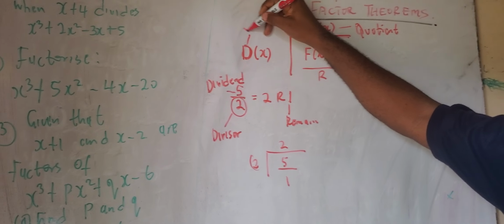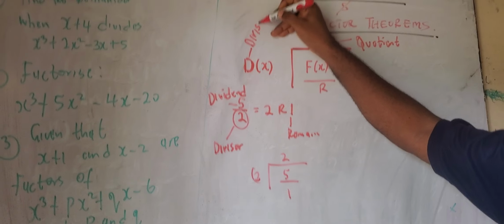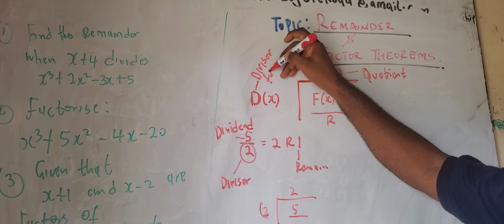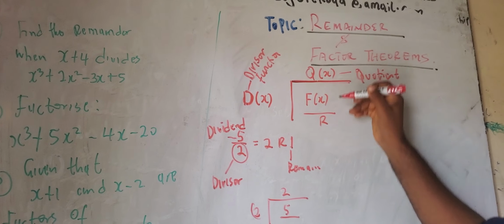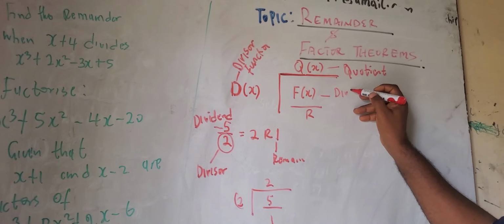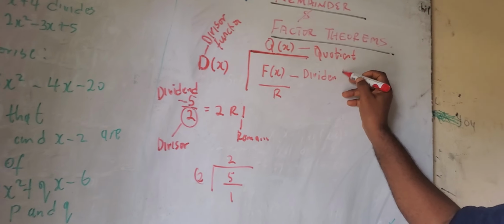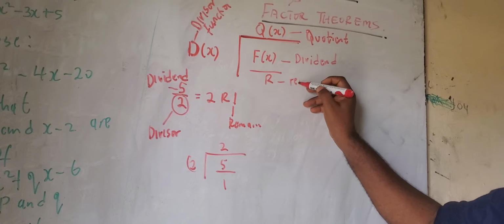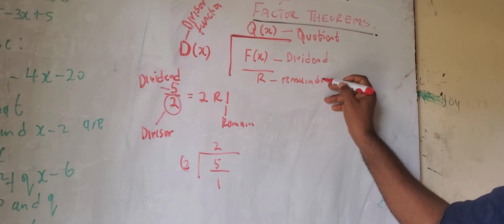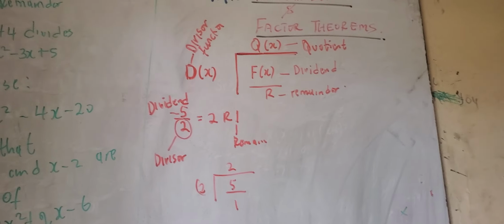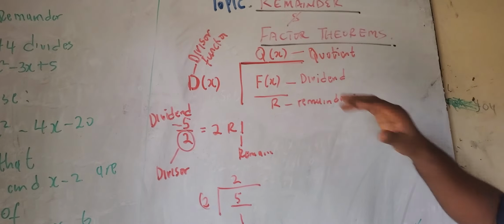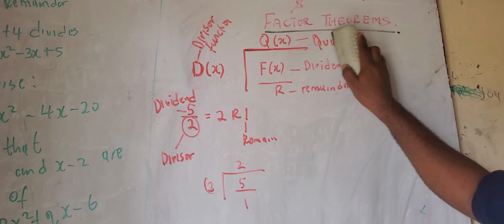What we have here is the divisor function. And then what we have here is called the dividend. And this R is called the remainder. So take note of that, because you need to have an idea of this line of work as we progress with our solution.